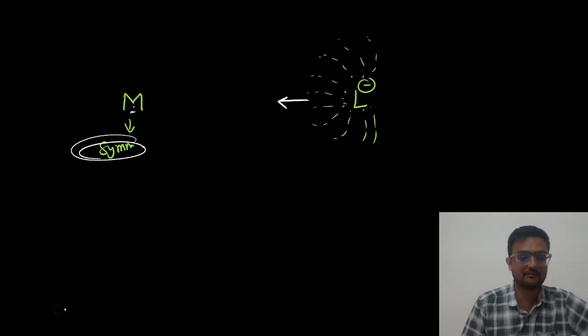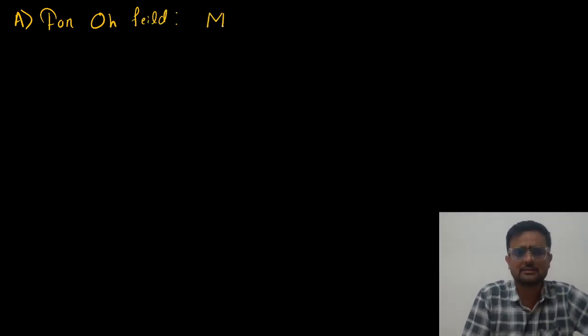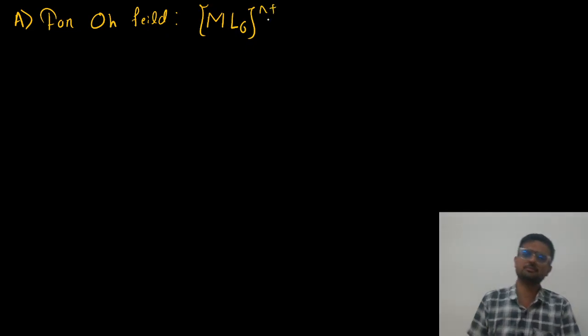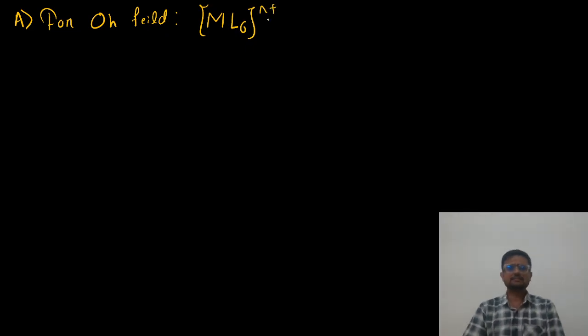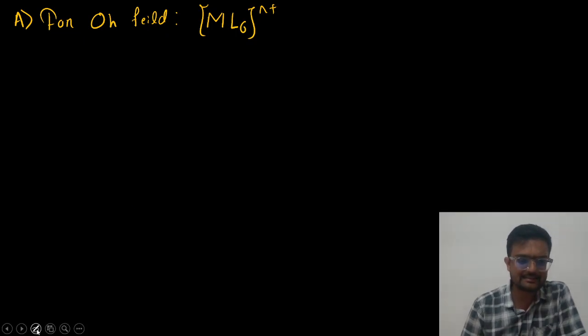Let's take an example for an octahedral field. An octahedral complex looks something like this, ML6, and the metal will have some charge. So in this case, we'll say there is a metal.